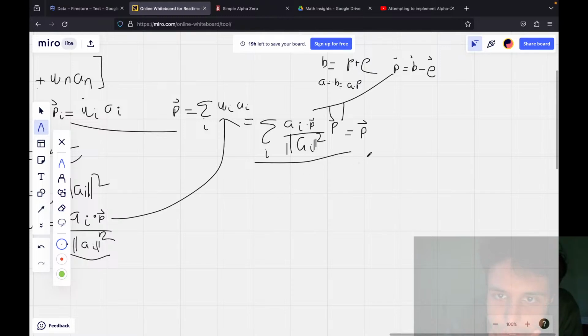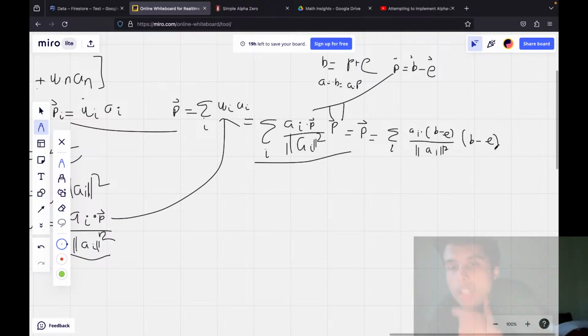So now this equals the sum over i of Ai dot (B minus E) over Ai squared, times Ai. This whole thing is a scaling factor.